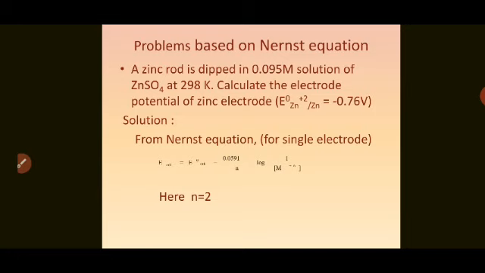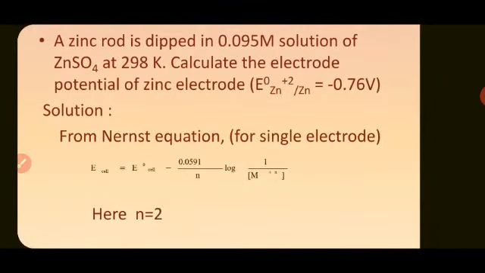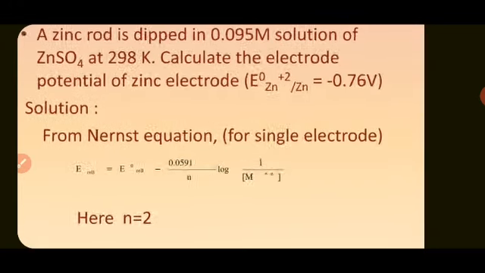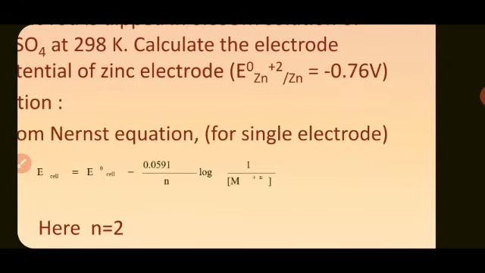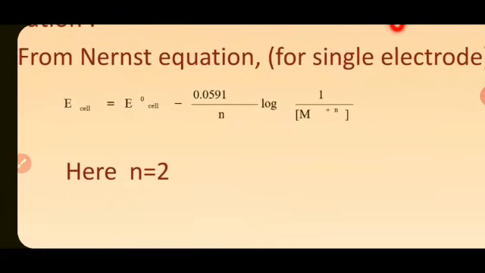So how to solve such type of problems? First of all, we have to write the equation, and it carries 1 mark. So from Nernst equation for single electrode, we have already learned the equation, that is E cell is equal to E naught cell minus 0.0591 divided by n into log of 1 upon M raised to plus n, which shows the concentration of metal ion.